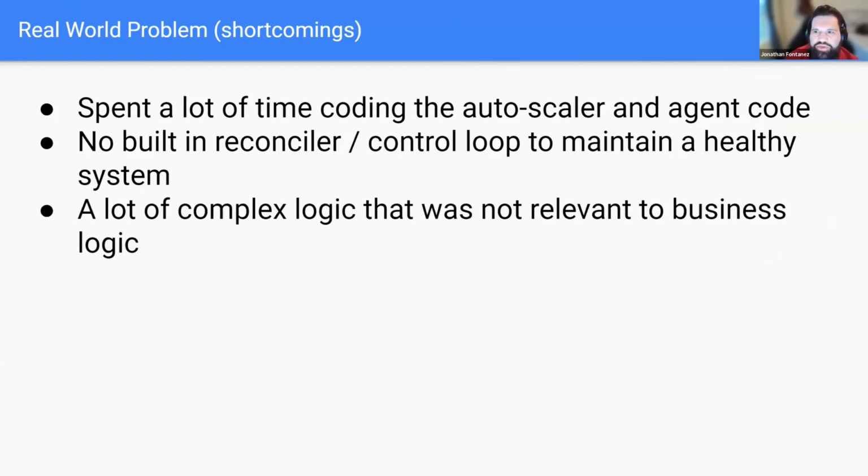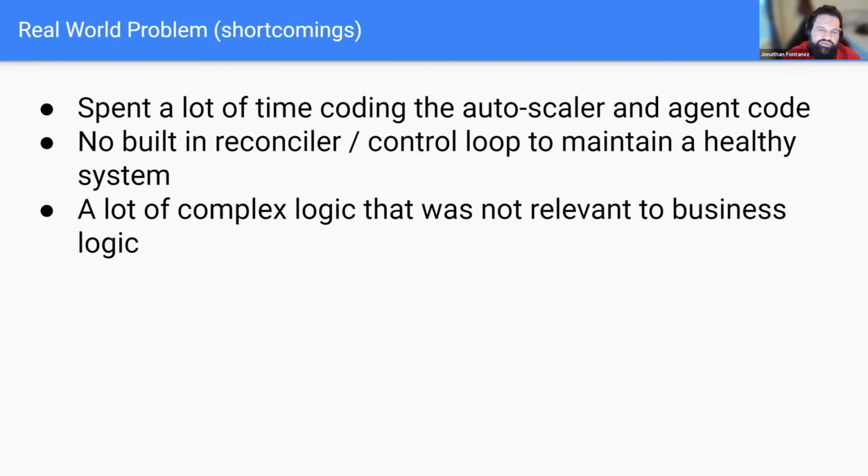One of the other things that I found interesting was that there was no built-in reconciler or control loop. So this was kind of a big thing. Talked about that eventual consistency. One thing, if you're building an autoscaler, is that operating systems do a lot of weird things. You can get weird crashes.